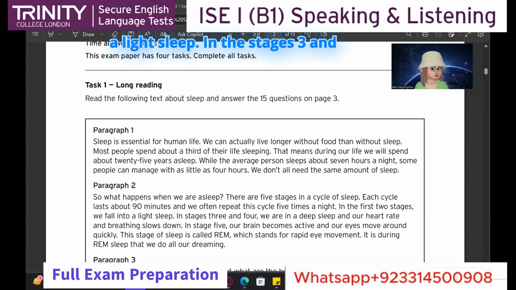In stages 3 and 4, we are in a deep sleep, and our heart rate and breathing slow down. In stage 5, our brain becomes active and our eyes move around quickly. This stage of sleep is called REM, which stands for rapid eye movement. It is during REM sleep that we do all our dreaming.